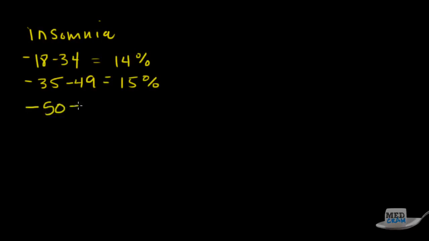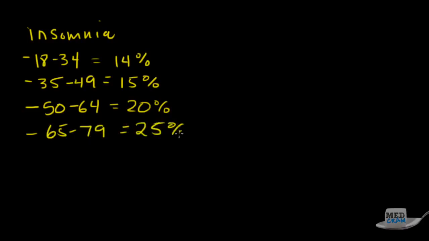However, when we get to 50 to 64 years of age, we hit about a 20% incidence. Here's the key though. From 65 to 79 years of age, that jumps up to 25%. This is a pretty astounding figure when you realize that a quarter of the population of retirement age has a problem with insomnia. And insomnia is a pretty generic term.